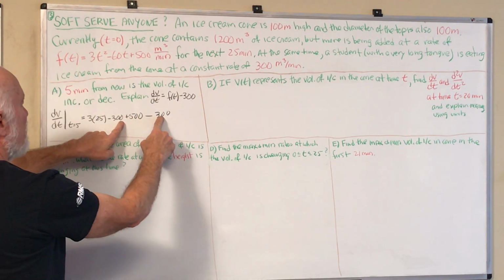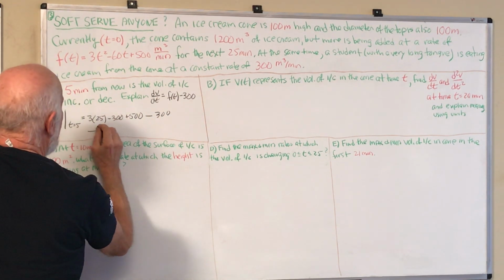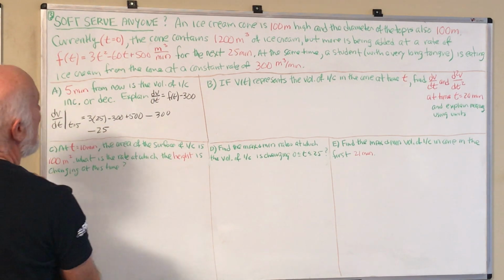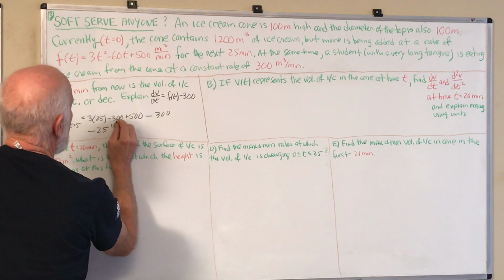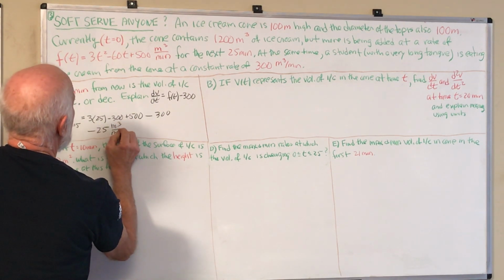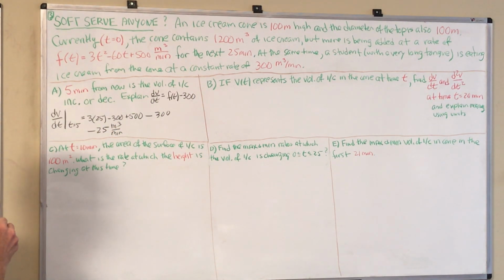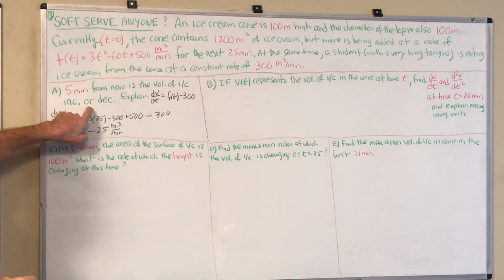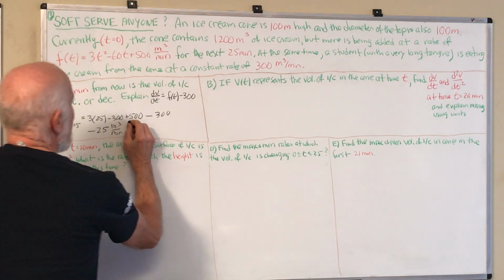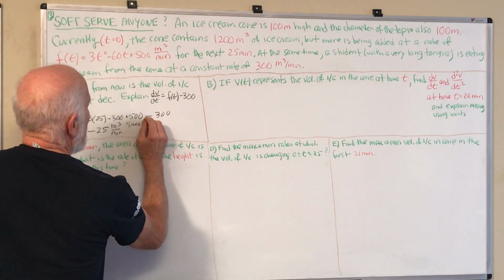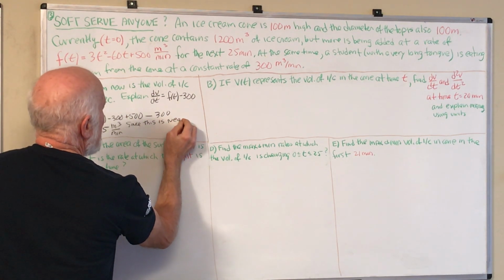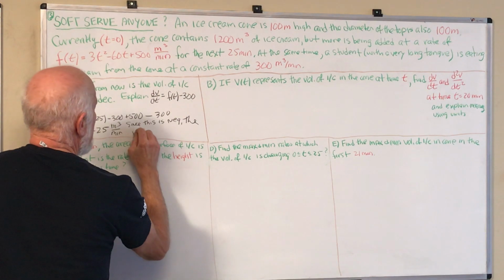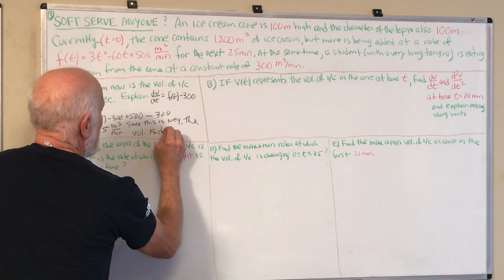So we have negative 100 plus that is negative 25, and it would be cubic meters per minute. That's the rate of change. Now it says, is the volume increasing or decreasing? And you'd say, since this is negative, the volume is decreasing.